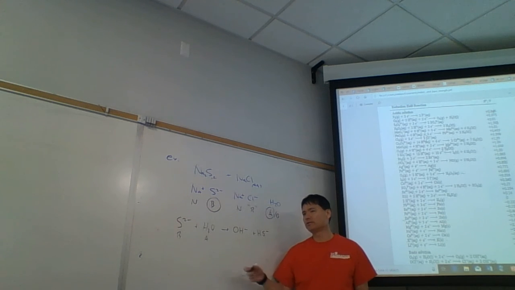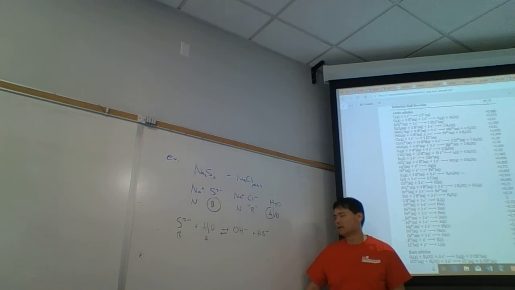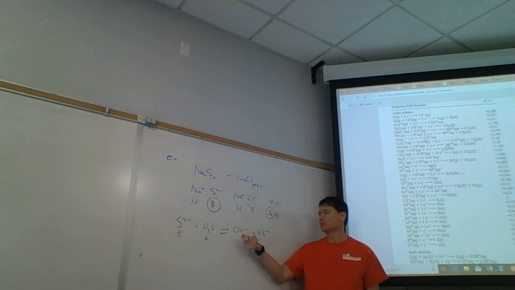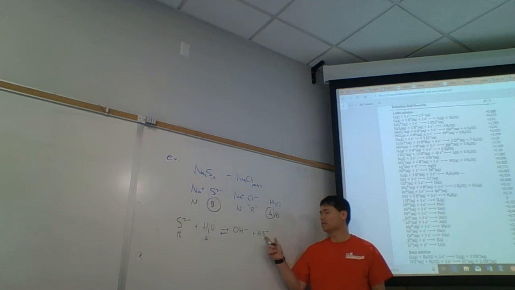Then, in order to figure out which way is downhill, we're going to reverse it. And so going backwards, which one gains, which one loses? Okay, going backwards, does HS minus lose or gain? Lose.